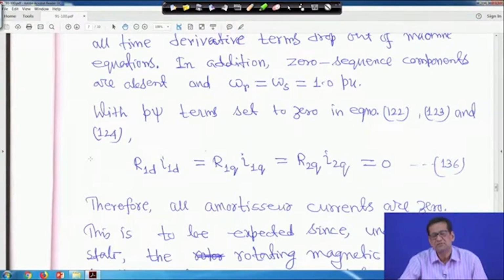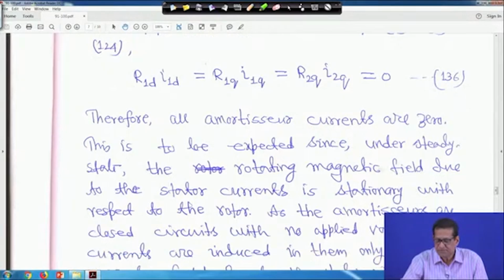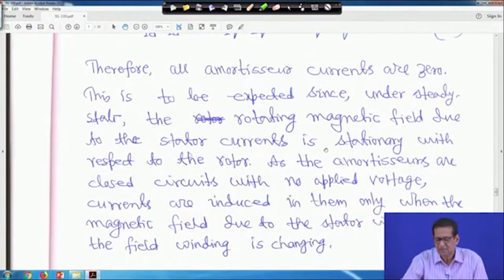That is, the p psi terms are dropped, because at steady state psi dot is 0. Therefore all armature currents are 0. This is to be expected, since under steady state the rotating magnetic field due to the stator current is stationary with respect to the rotor.